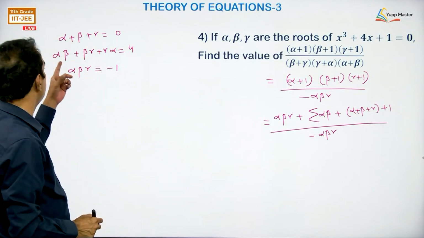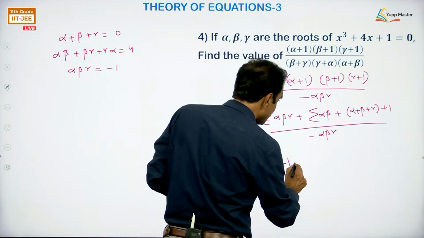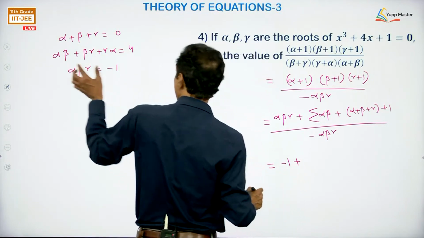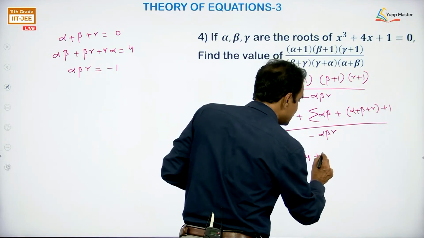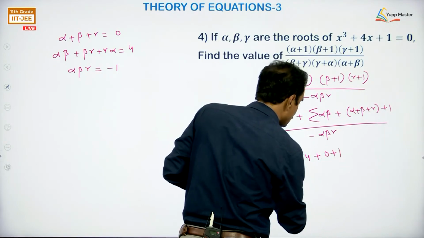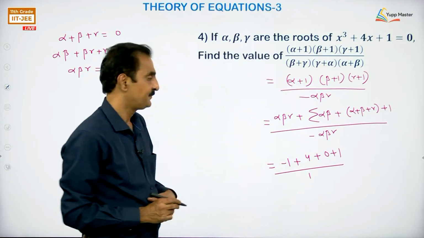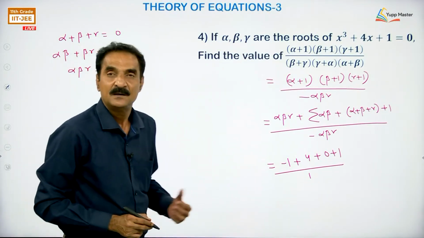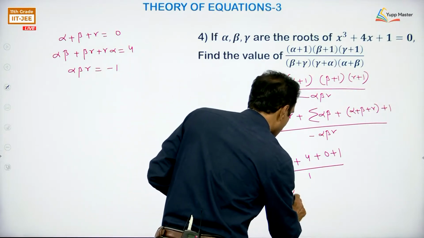Substitute the values now. Alpha beta gamma is minus 1, plus sigma alpha beta is 4, alpha plus beta plus gamma is 0, plus 1, divided by minus alpha beta gamma, which is 1. How much are you getting? 4.